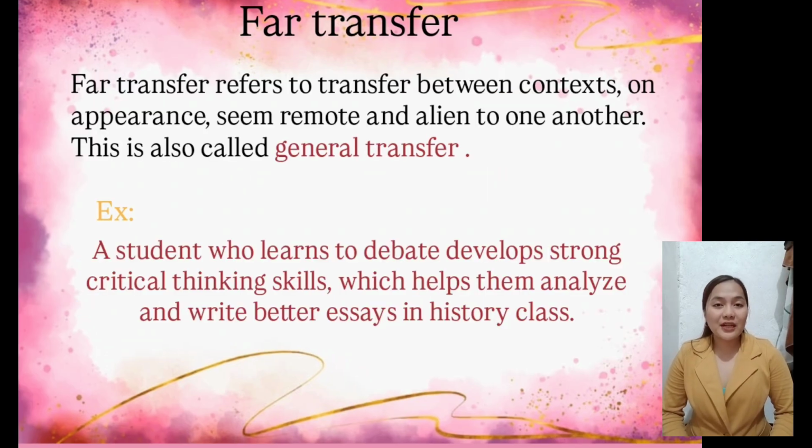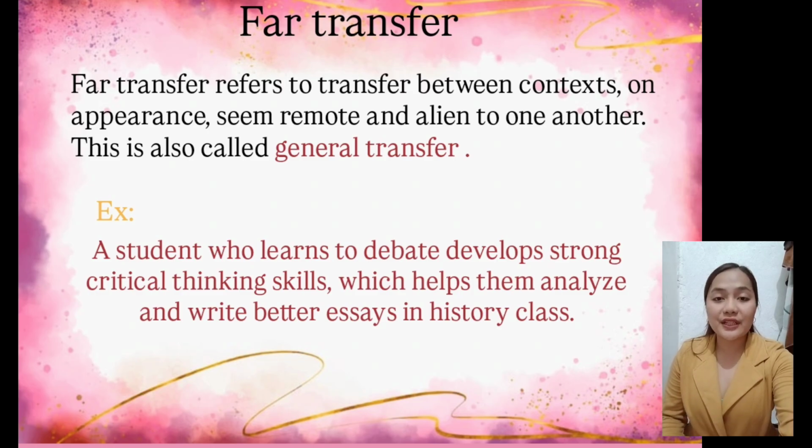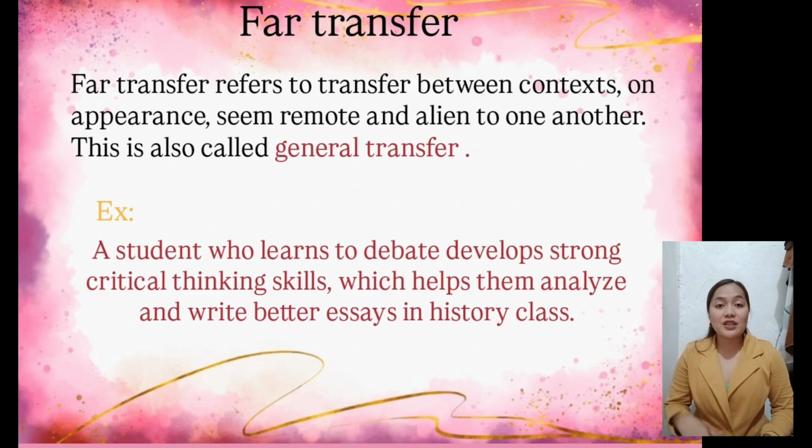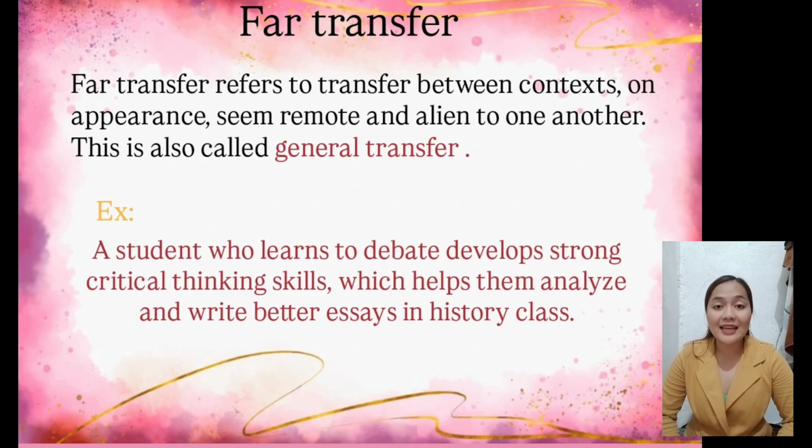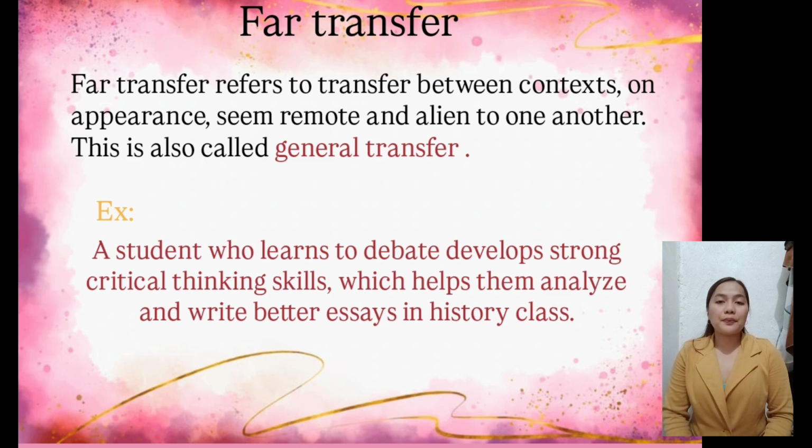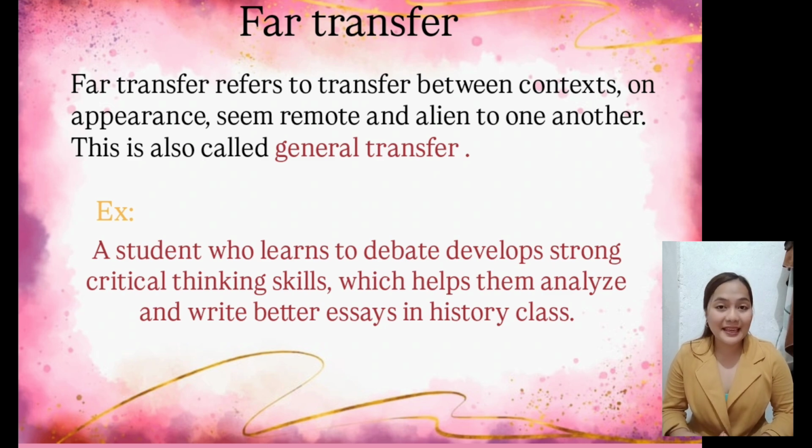The last type of transfer is a far transfer. Far transfer refers to a transfer between contexts that on appearance seem remote and alien to one another. This is also called general transfer. So for example, if you learn how to debate, you develop strong thinking skills, diba?